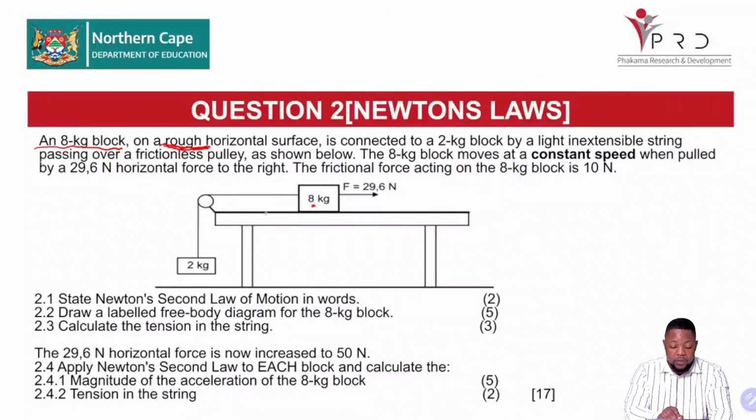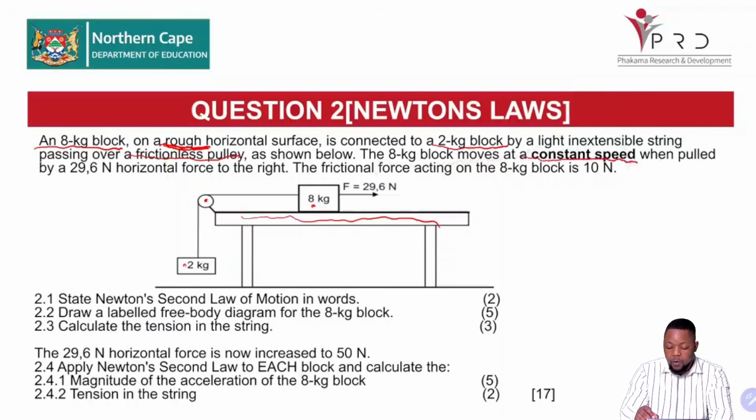So the horizontal surface we are told is rough and the block is connected to the 2 kg block. You must be able to see the 2 kg block. By a light, inextensible string passing over a frictionless pulley. This is the pulley that we are talking about. There is no friction on the pulley, as we are told, frictionless pulley, as shown below. The 8 kg block moves at a constant speed.